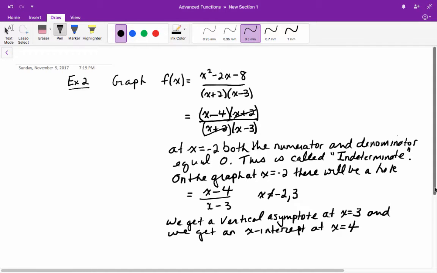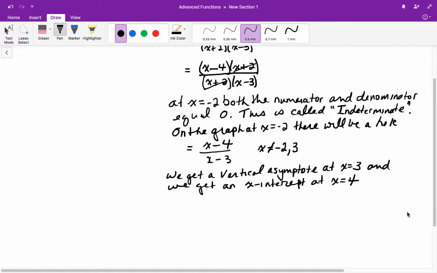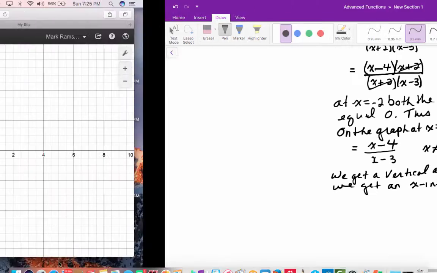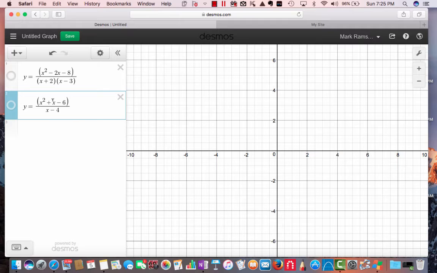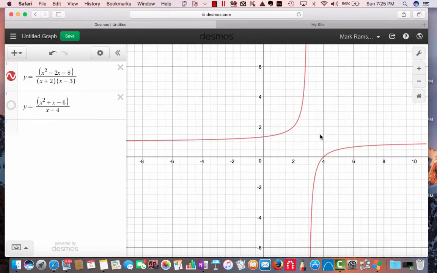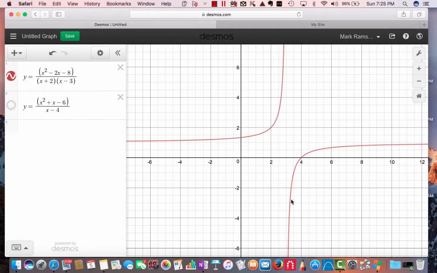Now what we're going to do is switch over to Desmos right now. And as you can see, I've already put the graph right here. So I'm just going to select it, and as you can see here, your vertical asymptote is at 3.